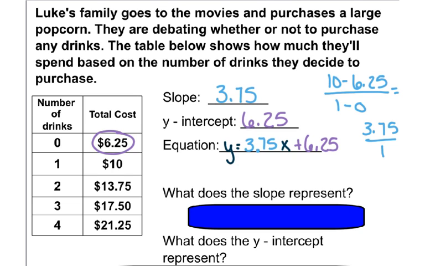So in this case, the slope is the cost of drinks. It's actually the cost of one drink. And the y-intercept is the cost of the movie tickets.